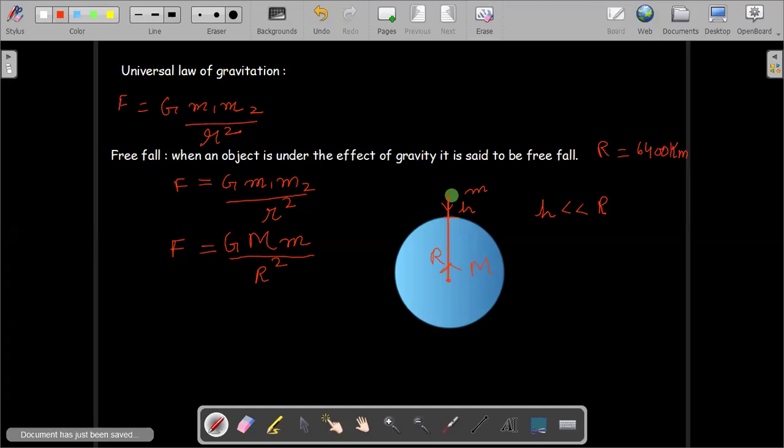Okay. So the force between the two masses will be G m1 m2 over r squared, and hence the force between the earth's gravity and this mass is G M m over R squared.